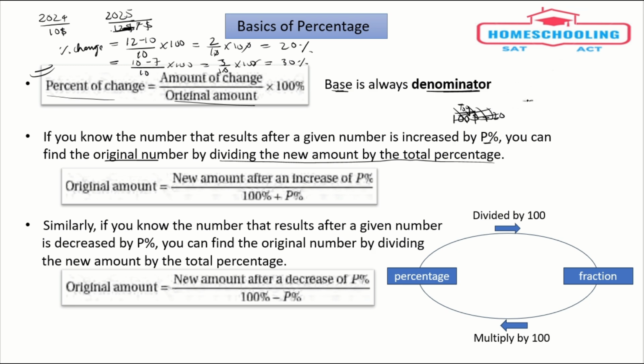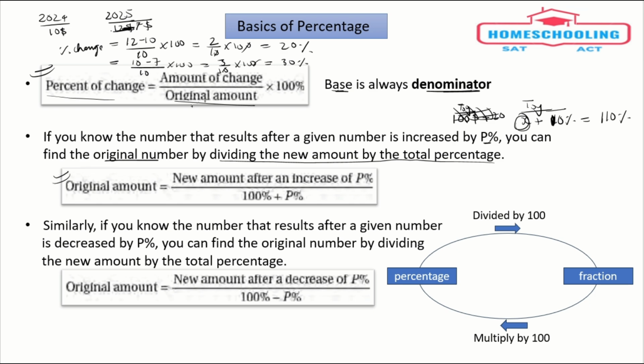Let's say a toy is of X amount, and on that X amount the government puts a tax of, let's say, 10%. After putting tax on that X amount, the price is 110%. So if we have to find the original amount before tax, we can use this formula.